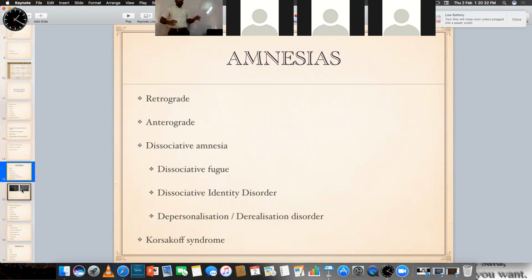Now these guys, they're confused, they have internuclear ophthalmoplegia, they're ataxic, and they have actually lost short-term memory about what happened from the day they started binge drinking until today in the hospital. So they have only bits and pieces of information about what has happened to them.